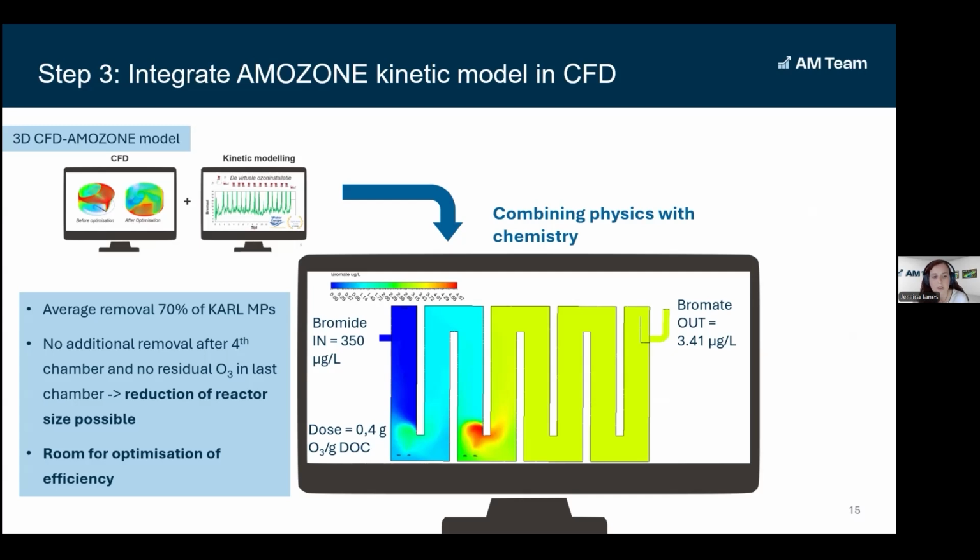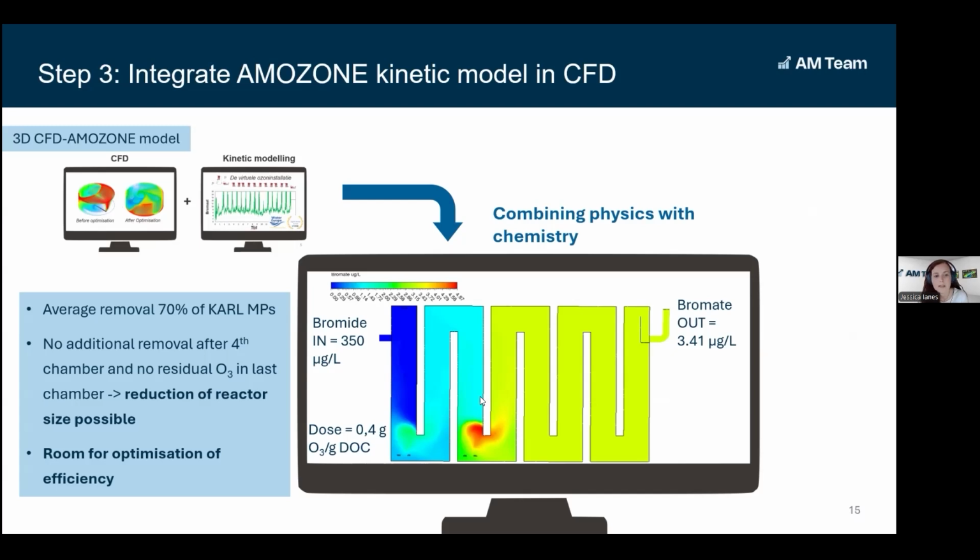With an ozone dose of 0.4, we got an effluent bromate of 3.4 micrograms per liter. We could see with this CFD analysis that the average removal of the micropollutants of the current list was around 70%, so it was below the 80% target.